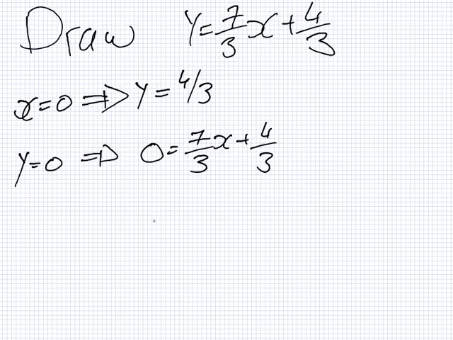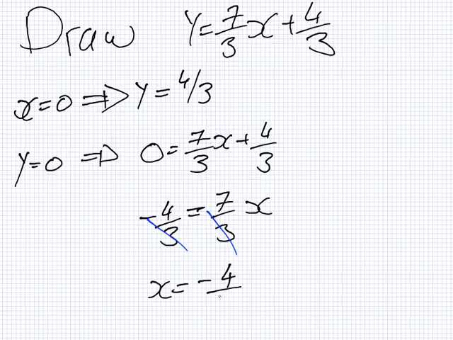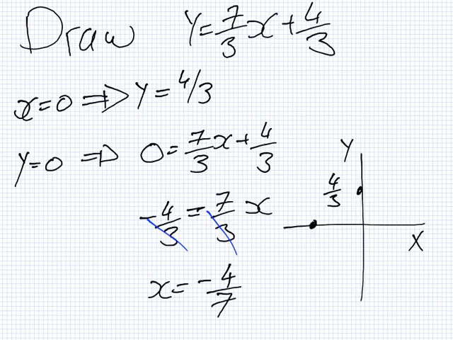So I get minus 4 over 3 equals 7 over 3x, and then cancel, so x equals minus 4 over 7. Here is 4 over 3, and here is minus 4 over 7. So your graph should look like this. Is that okay?